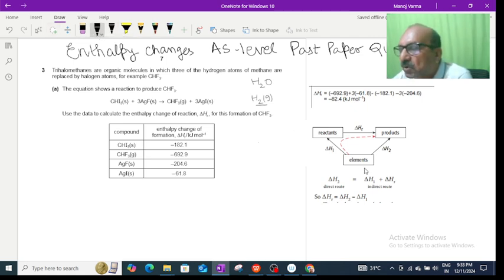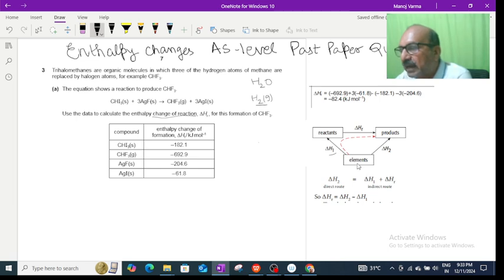Okay, so if you now consider Hess's law, when you go from the reactants to the products, whatever enthalpy change takes place is known as the enthalpy change of the reaction. So you have to find the enthalpy change of the reaction. When you go from the elements to the reactants, it is known as delta H1, which is the enthalpy change of formation of reactants, and delta H2 represents the enthalpy change of formation of products.